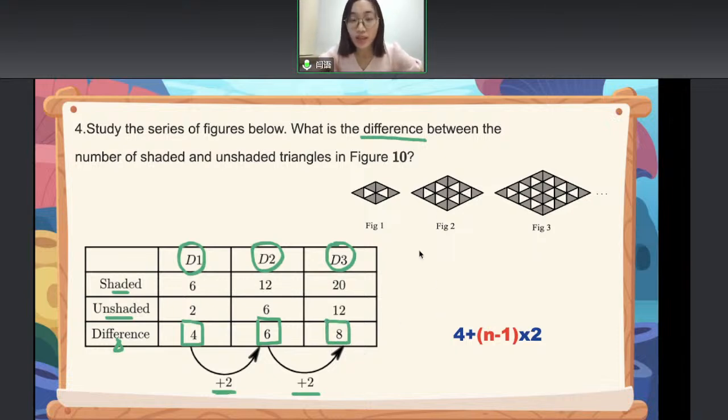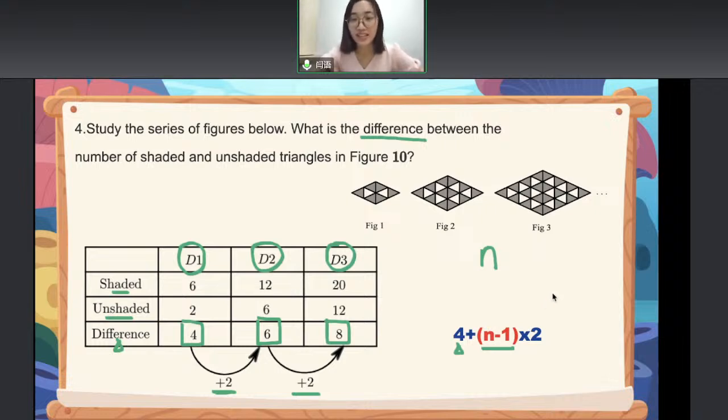For this, we can know that if it is figure n, based on the 4, we need to add n minus 1 2s. Okay, pay attention to this part. That is, if it is figure 100, actually that is 4 plus 99 times 2. Okay, the number of 2s here is always the number of the figure minus 1.